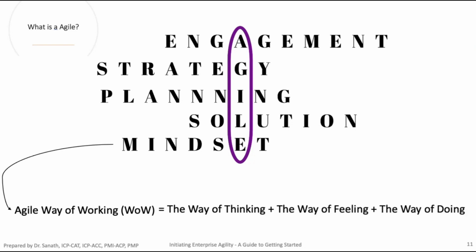So what it is, it's a way of thinking, a way of feeling, and a way of doing. That's quite easy to understand, right? I mean, obviously, I've got to think in a way that is agile. Then I start to feel it, and then I do it, right? So it doesn't just happen that after a training, we can now start doing agile, because the thinking and feeling has to come first, right? So that is what I'm talking about when I use this word agility at workplace.